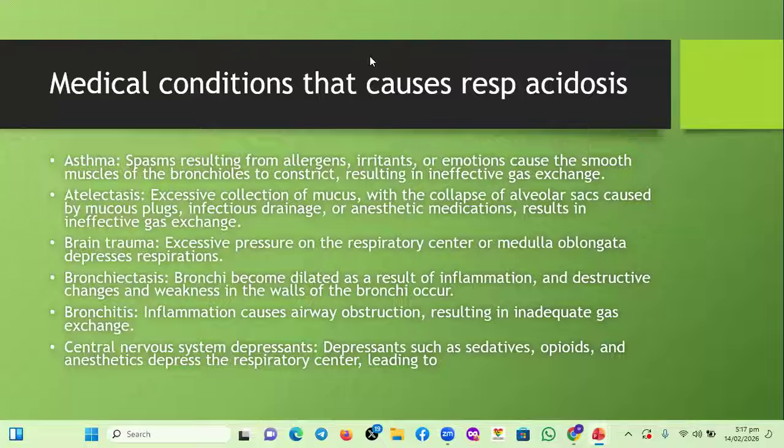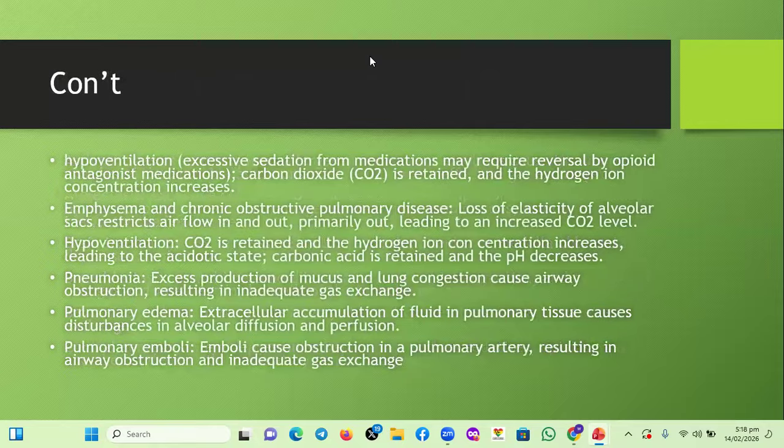Then you have central nervous system depressants. When you give someone a benzodiazepine or diazepam and the respiratory system depresses, the person is likely going to go into respiratory acidosis. Any medication that affects the central nervous system and can lead to respiratory depression can cause an individual to experience respiratory acidosis.